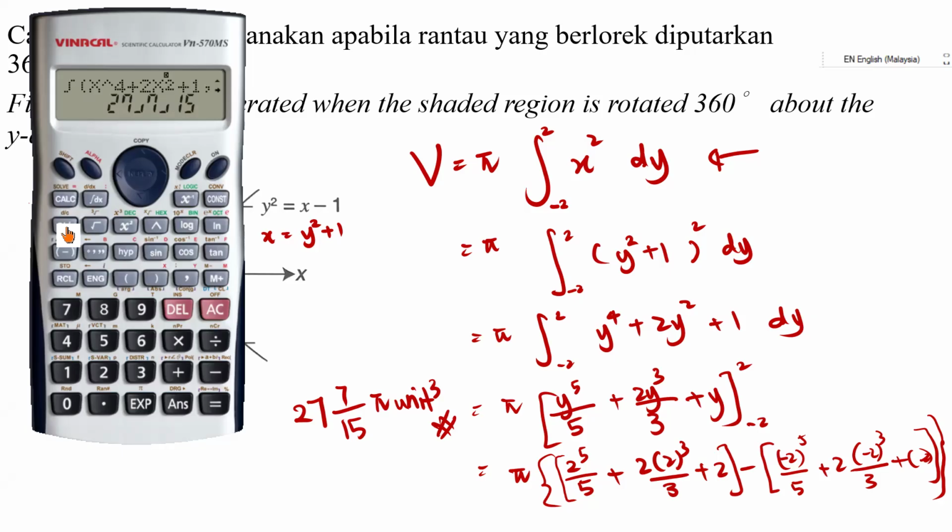Took a while. Why 57? Oh, you cannot. Never mind, just leave it as 27.47 pi. But why? Let me think.